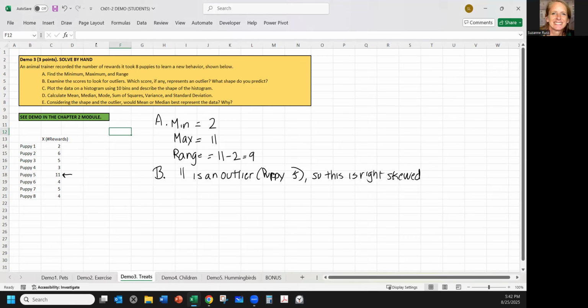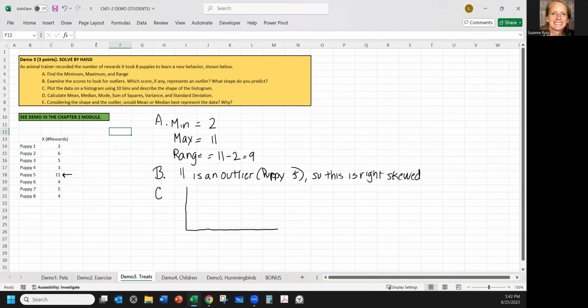Next, I'm going to actually draw the histogram using 10 bins. We do have a range of 9. That's enough for a simple frequency chart, or a histogram. I'll make it short because the number in the sample is so small.